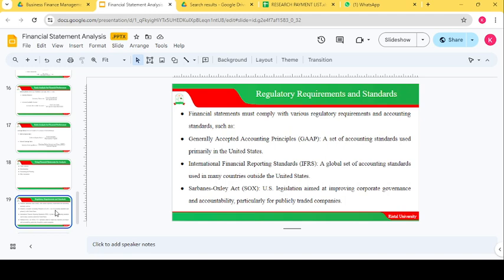And then we also have the International Financial Reporting Standards, IFRS, a global set of accounting standards used in many countries outside the United States. And then we also have the Sarbanes-Oxley Act, SOX, U.S. legislation aimed at providing corporate governance and accountability, particularly for publicly traded companies. So this is usually used in publicly traded companies.